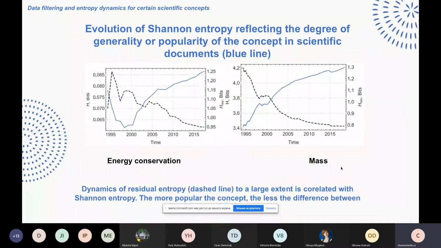For example, a lot of papers start to address some problem, and these words are used more frequently, so the entropy of this concept will grow. And we show that if the entropy grows for a certain concept, the residual entropy will decrease.